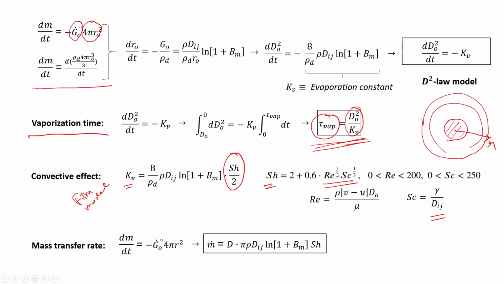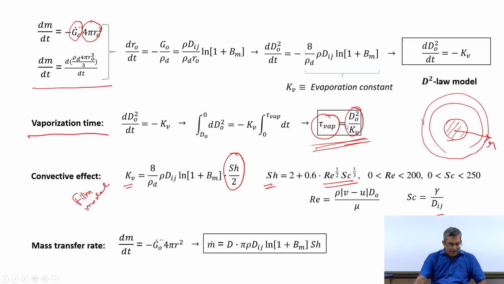But what it tells you is that if you have a pure conduction case, then Sherwood number tends to 2 and this parameter becomes 1 basically. So, now we can use this modified form of the evaporation constant to derive the vaporization constant.